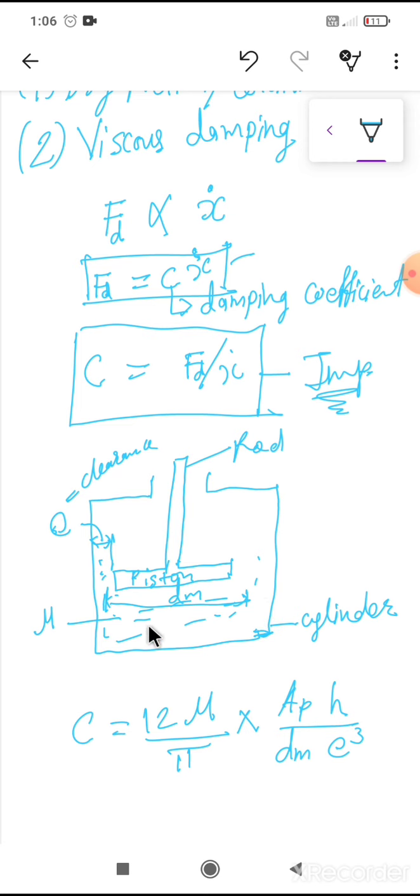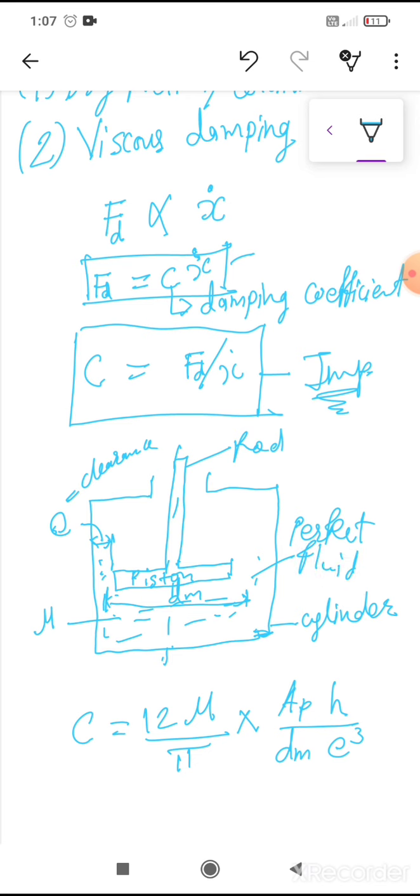The assumptions which have to be taken before deriving this equation are that the piston and cylinder are concentric, meaning the center axis of the piston and the cylinder are the same. The damping medium is considered a perfect fluid which follows Newton's law of viscosity.